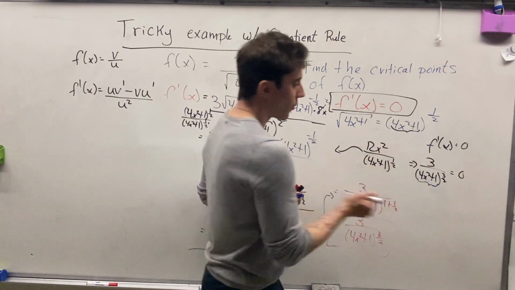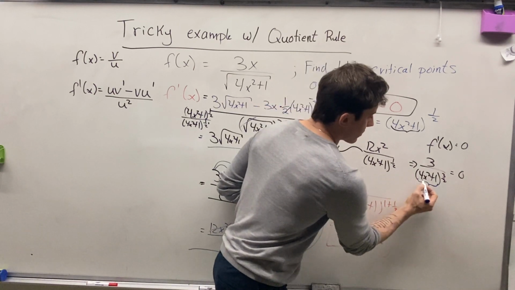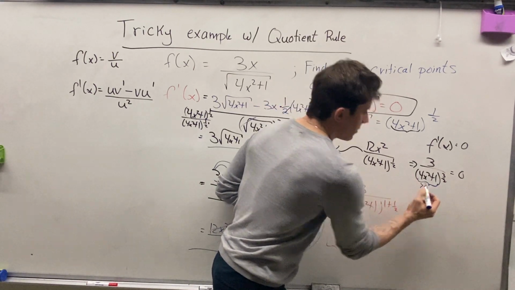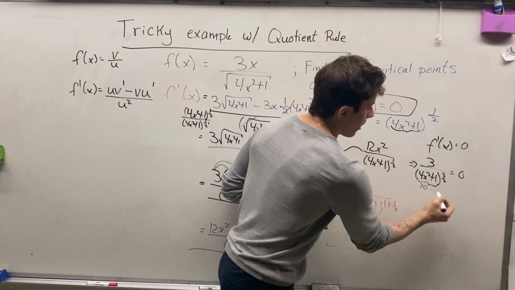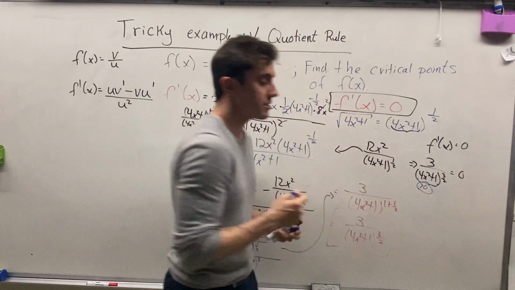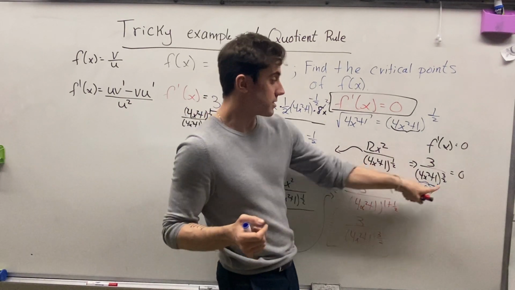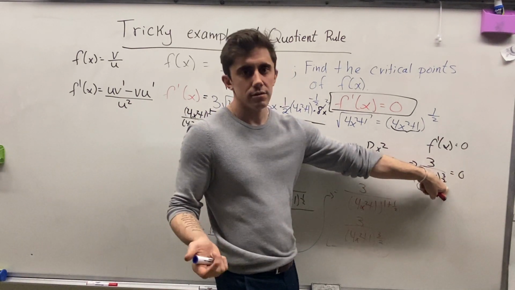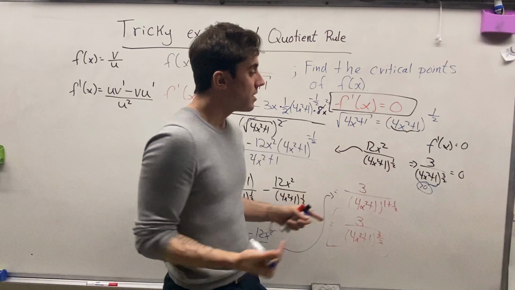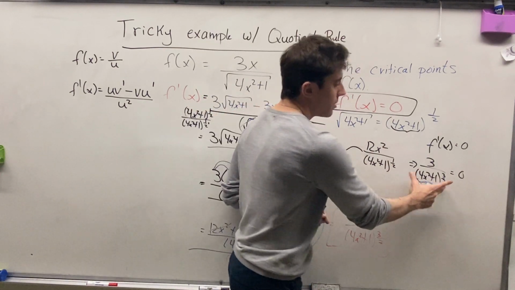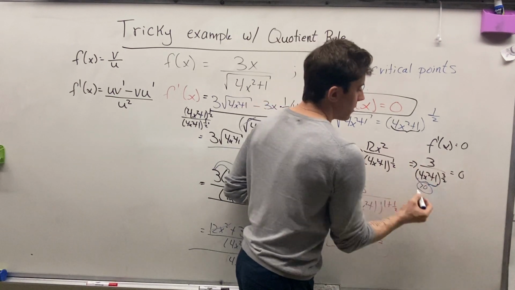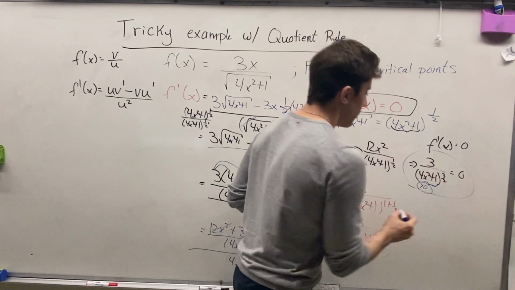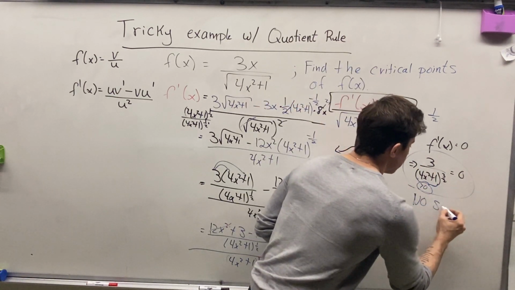Because 4x squared is always greater than or equal to 0, plus 1, which will only make it more positive. And so our denominator is always going to be greater than 0. And anything greater than 0 raised to a power bigger than 1 is clearly going to be greater than 0. And so there's never going to be any points of discontinuity, as well as there existing no solution to this equation.